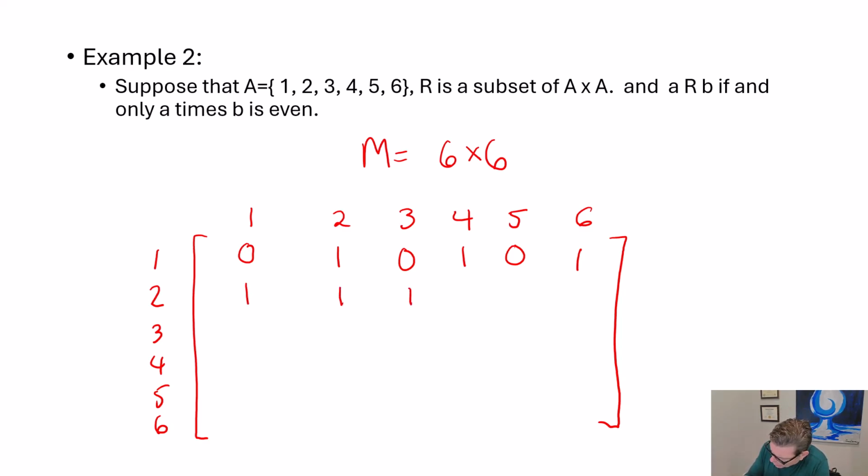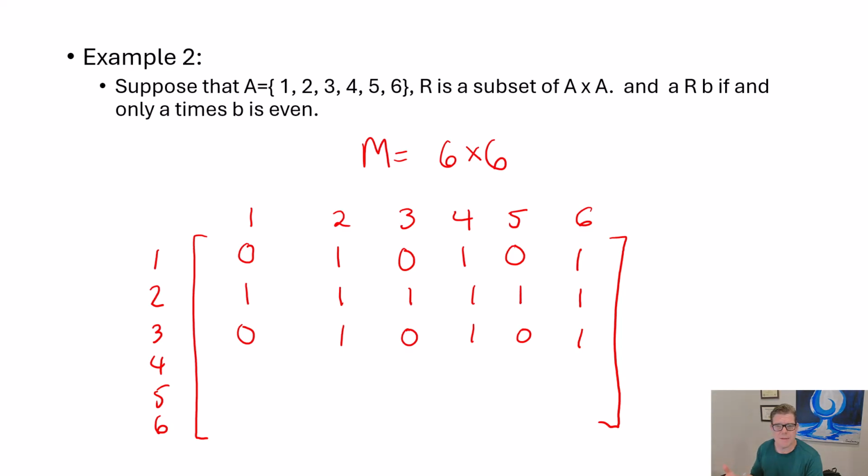Now, since 2 is even, anything that I multiply 2 by is going to be even, so that entire row is going to get a 1 because 2 times any one of those values is going to be even. When we multiply by 3, we're going to have the same thing that we had with 1. 3 times an odd number will be odd, but 3 times an even number will be even. So we end up with 0, 1, 0, 1, 0, 1.